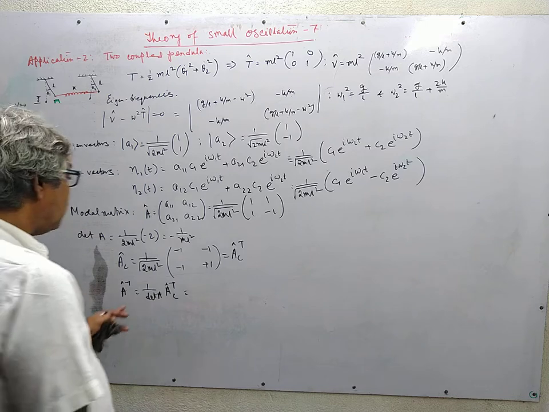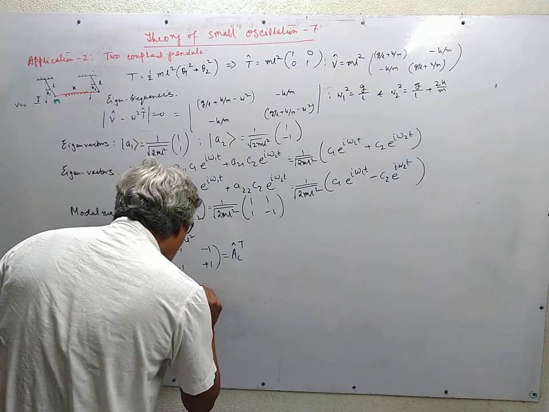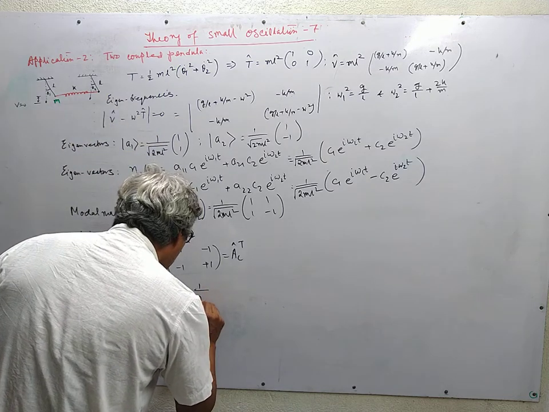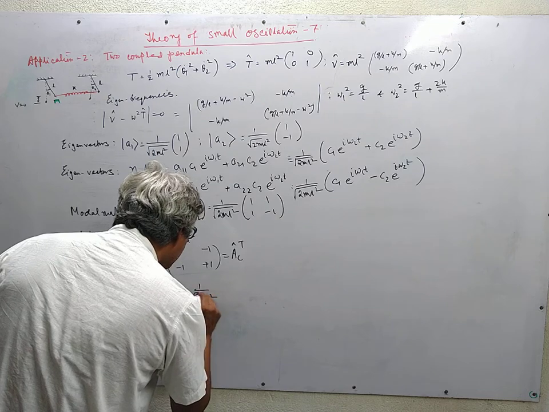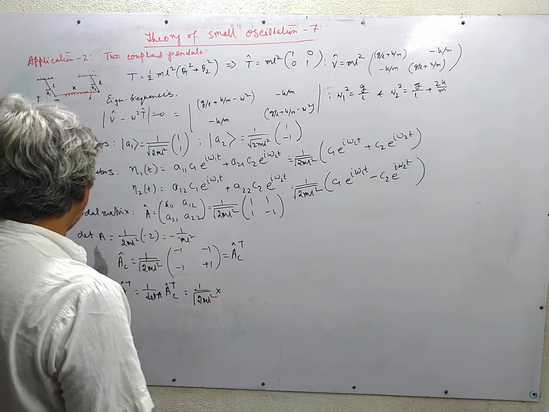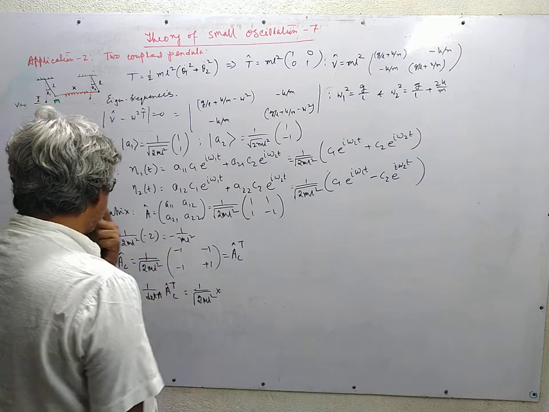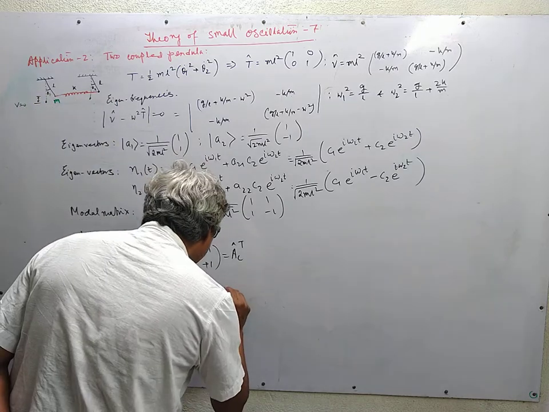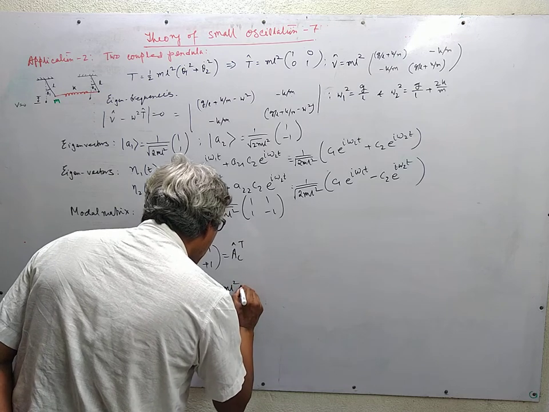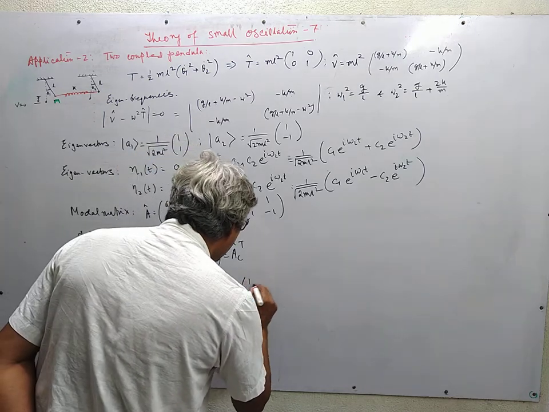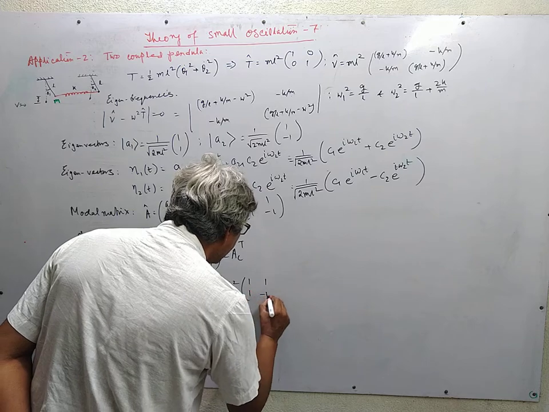So we have 1 upon 2 ml square root. Then det A has a minus sign that I will adjust with these elements, and this is ml square on the top. And each element will change its sign.